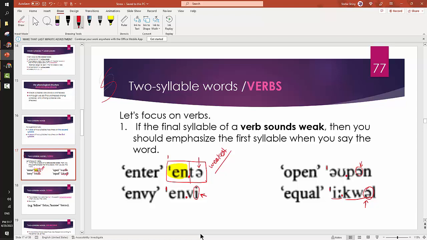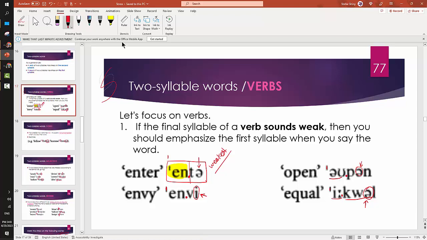This is an exception. I want to bring your attention to something important. When I explained open, I said the second syllable contains the schwa sound, so we cannot stress a weak syllable. We put the stress on the first syllable. One of my friends said, so here's a schwa sound? Why do you put the stress here?